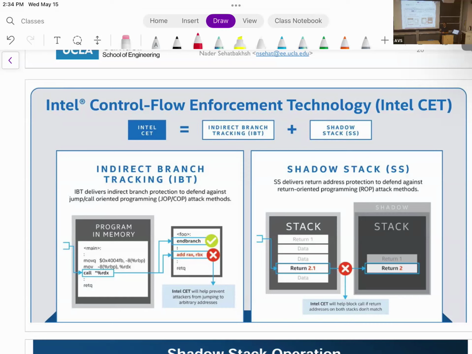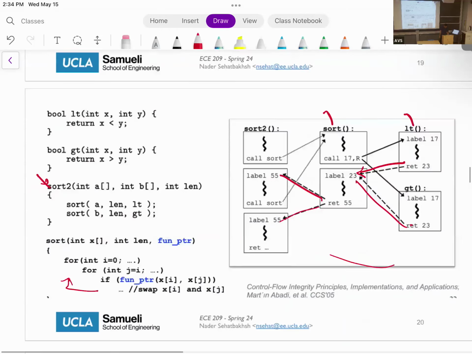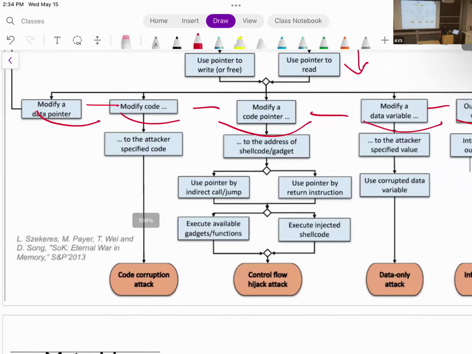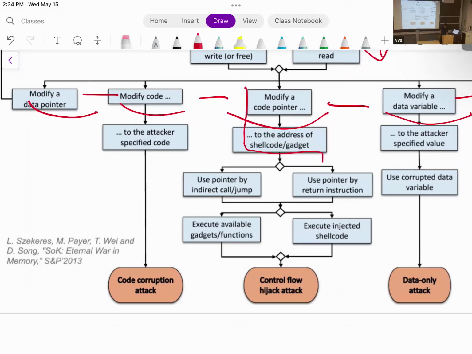As I told you, you either override return addresses, and if you remember the picture here, once I override the return, I can do arbitrary things, right? So what I can do is eliminate the chance of overwriting the return.